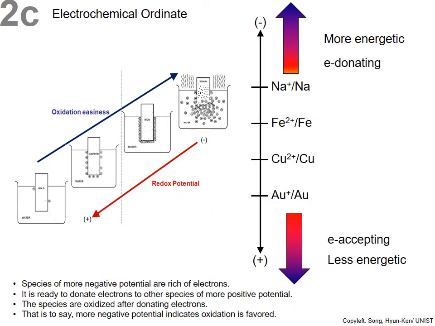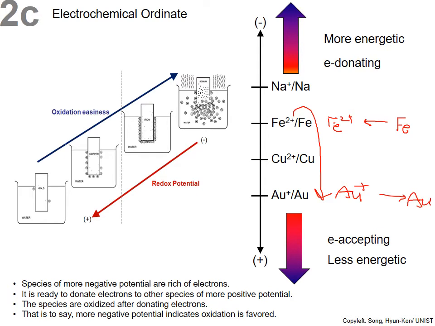There is a small correction of my explanation. Let me change to pen. So I have said about the electron transfer from here to there, and Fe is going to Fe2 plus. At the same time, gold plus is going to gold.